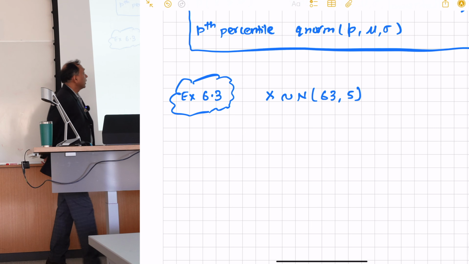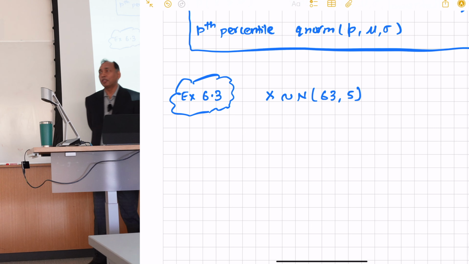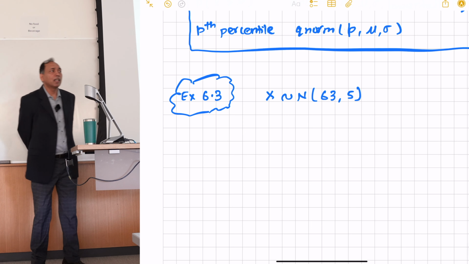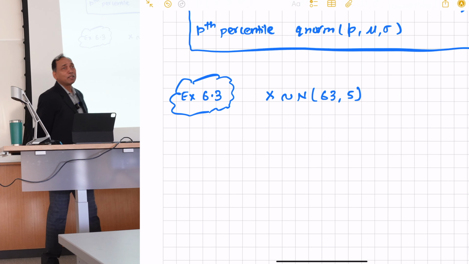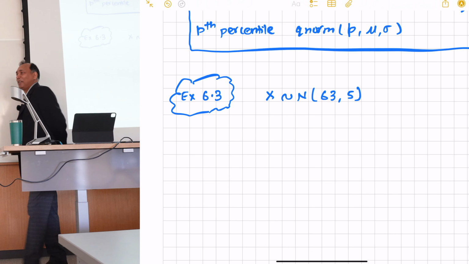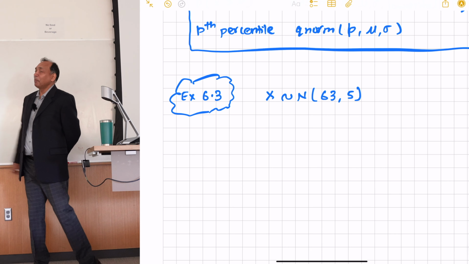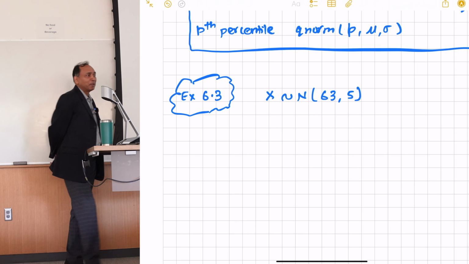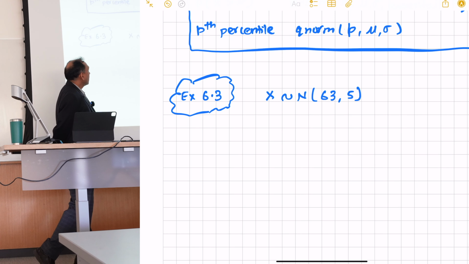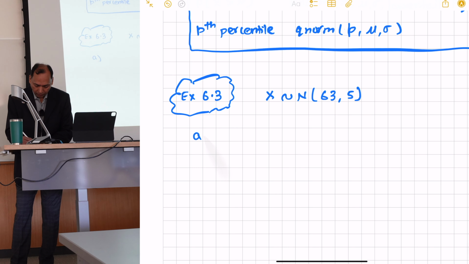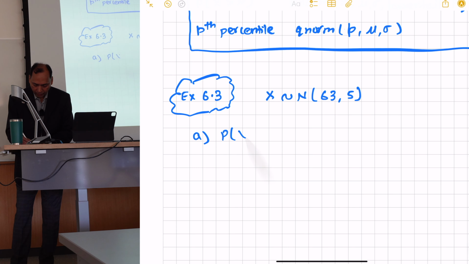So this is a low scoring exam. Average is only 63. It's not like our class, I guess. Our average was like 92. So very far away from maybe some other college, some other school. So with 63 and 5, we are interested in the probability that x is more than 65.